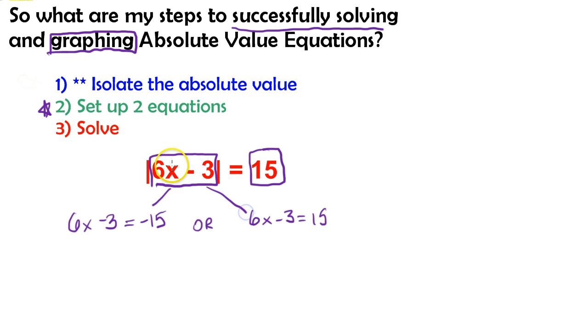This thing in the parentheses, that box, is either going to be negative 15 to make the distance 15, or it's going to be positive 15 to make the distance 15. So I have 2 scenarios. Either this is negative 15 or that is positive 15. So that is step number 1 really that you're going to be doing.